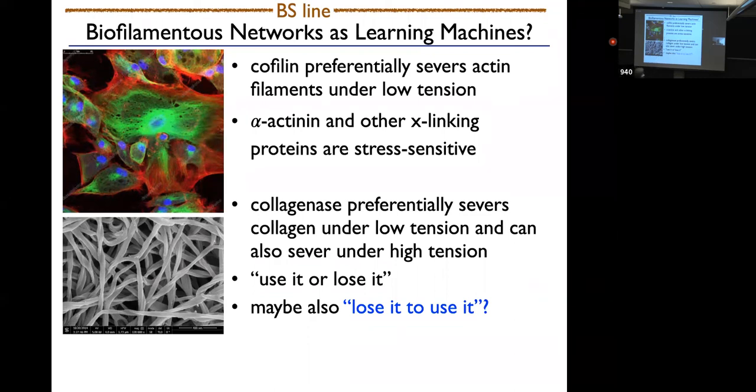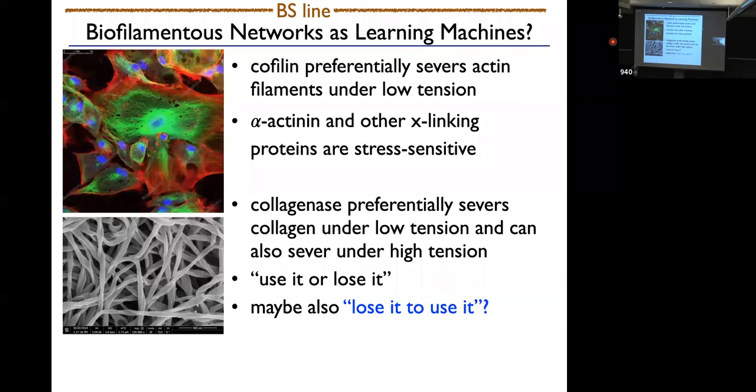And so I think one really interesting thing is, for example, the cellular cytoskeleton. This is something I'm sharing a postdoc with John Parker to look at. Is the cellular cytoskeleton a learning machine, like our thing? Why? Because, for example, the network of actin filaments has crosslinkers that come on and off in response to stress. If the node's under too much stress, the crosslink is just going to come off.